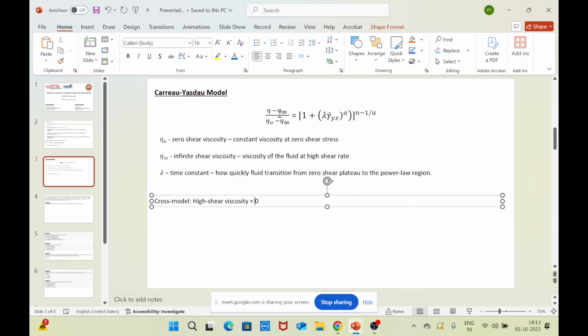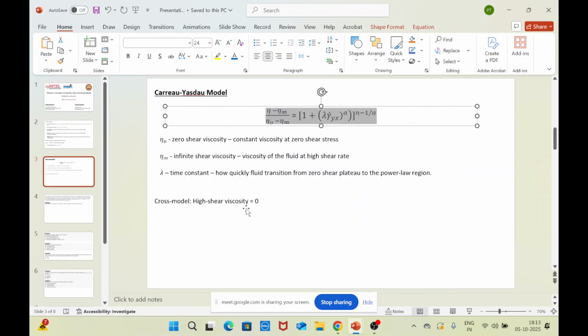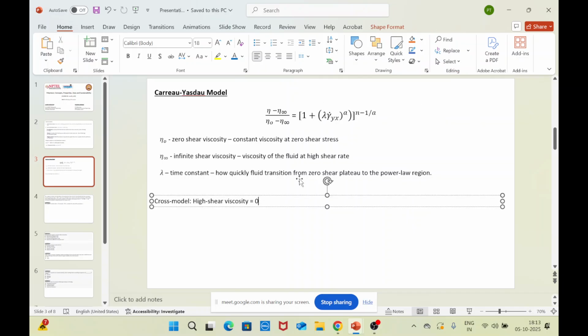If you rewrite this equation, it will be something very similar.